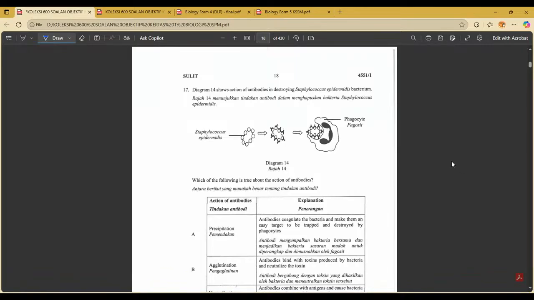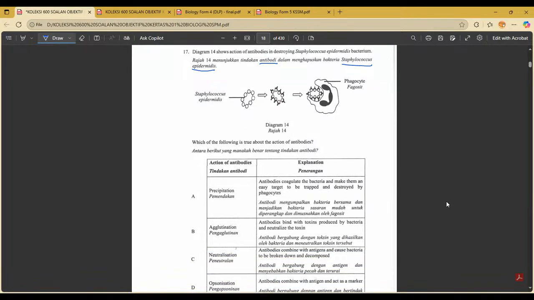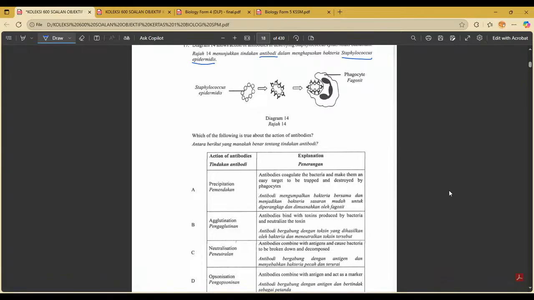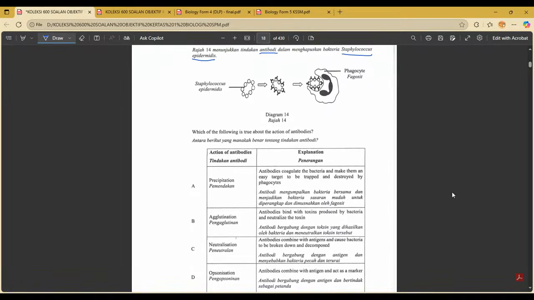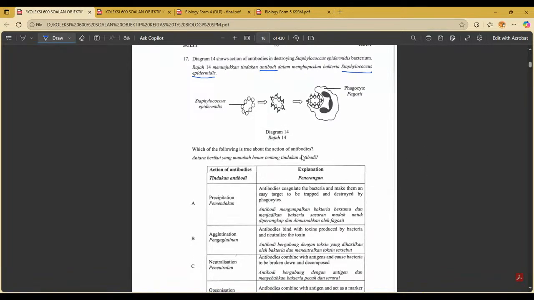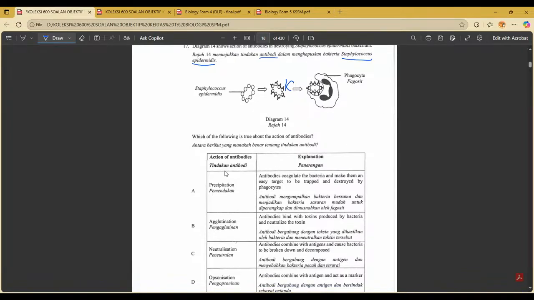Diagram 40 shows actions of antibody destroying Staphylococcus epidermidis. This is antibodies coagulating to the bacteria, making them a target, to be trapped and destroyed by phagocytes. Maybe that's what it looks like at least.